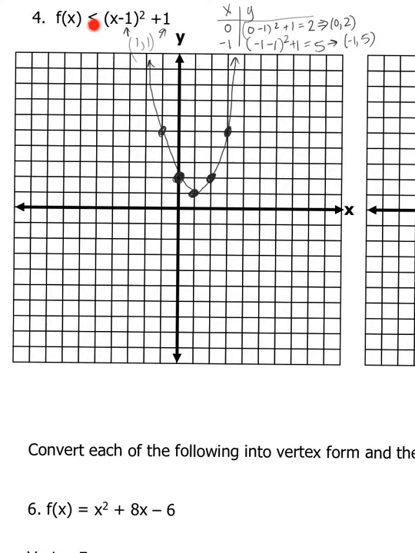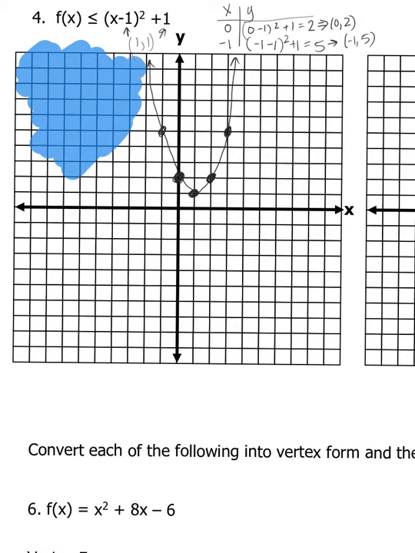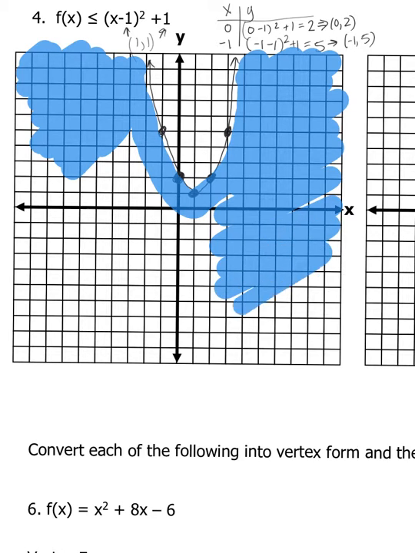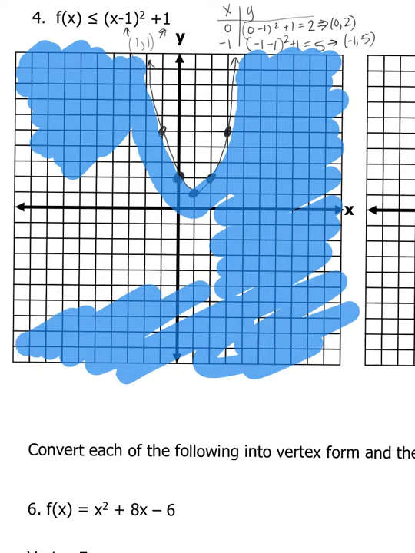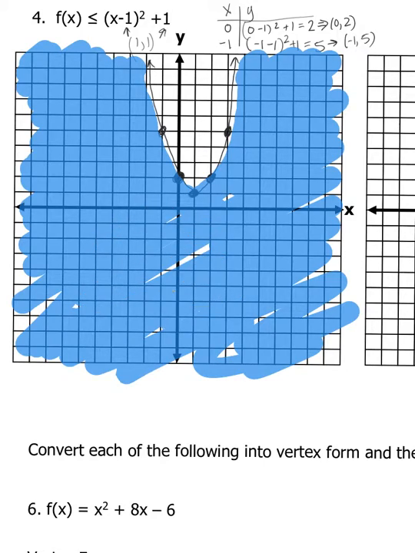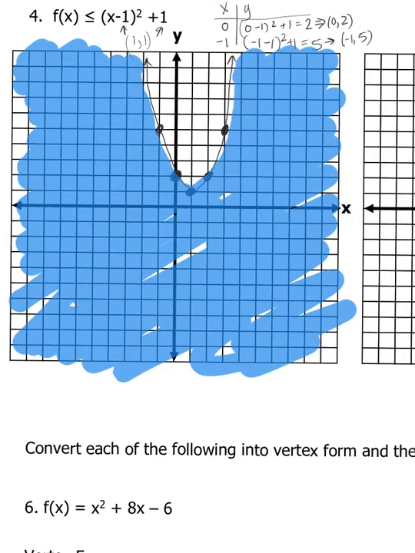It says the function is less than this line, so it needs to be smaller than or below. So we're ready to color below the line, so that would be anywhere below this graph and including that graph. That's why we have a solid line there. There we go. Y is less than that graph.